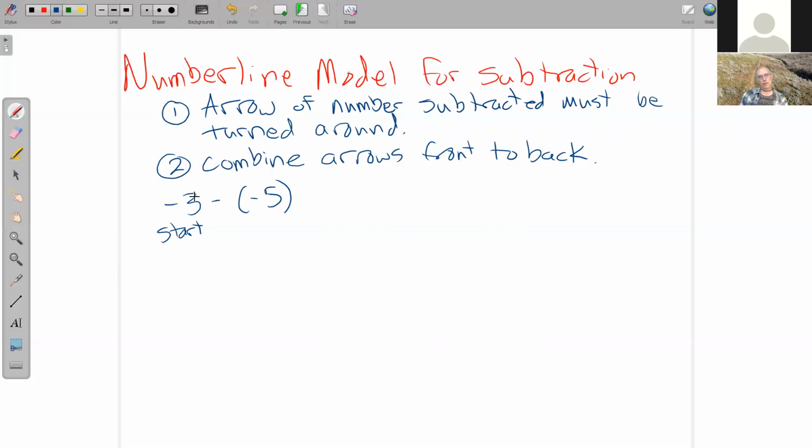with the -3 from 0, and then we use the rules to do the subtraction. So drawing my number line.